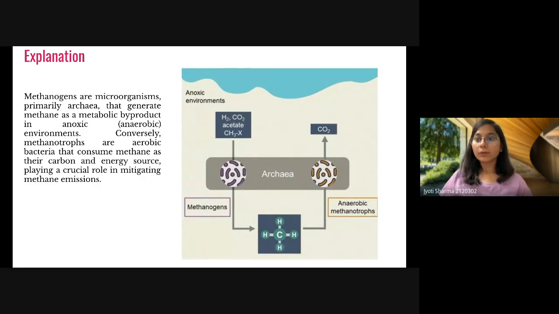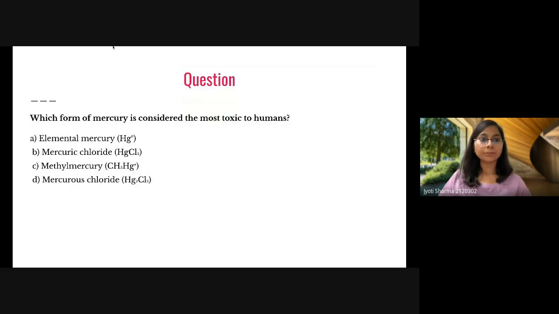Okay, so let me come to the next question. The next question is, which form of mercury is considered the most toxic to human? This is a very general question that is asked in the NET exam. Which mercury is more toxic to the human body? So we have four options: elemental mercury, mercuric chloride, methyl mercury, and mercurous chloride.